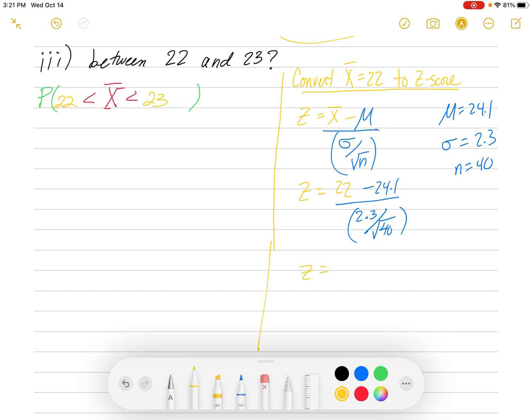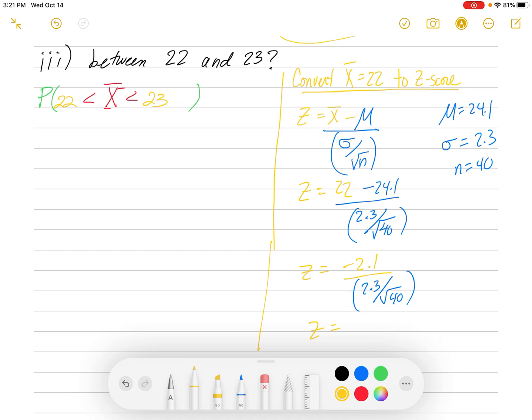So what's 22 minus 24.1? Minus 2.1. And we're going to divide that by 2.3 over the square root of 40. Make sure you put parentheses around that in the bottom.